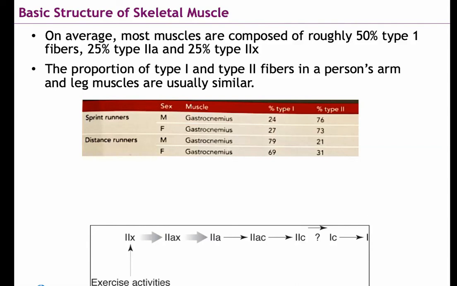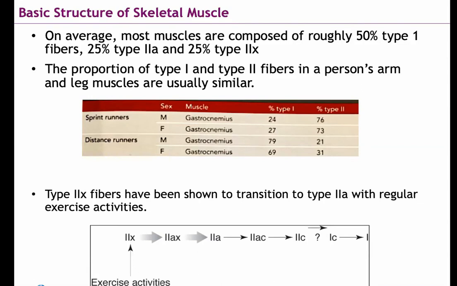But these athletes who are sprinters, the sprinting that they are doing did not turn their type 1s into type 2s. That did not happen. And all of our distance runners, their distance running did not turn their type 2s into type 1s. That's not what happened. They just figured out what they were good at, and then they stuck to that. And so most sprinters have a high percent of type 2 fibers, and most distance athletes have a high percentage of type 1 fibers.